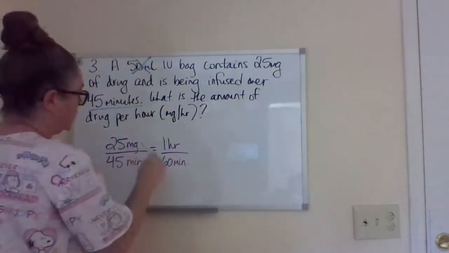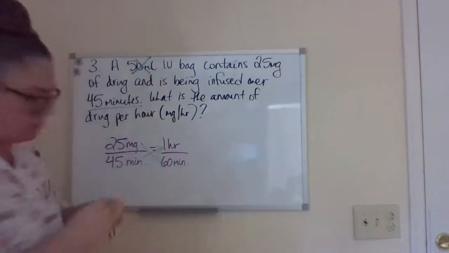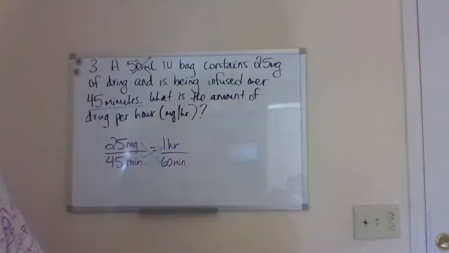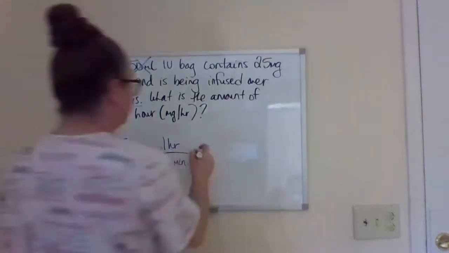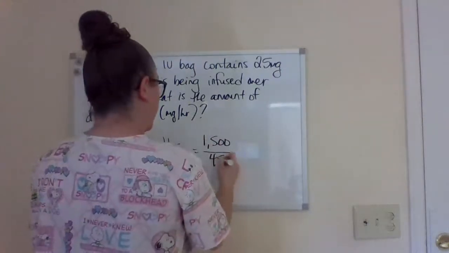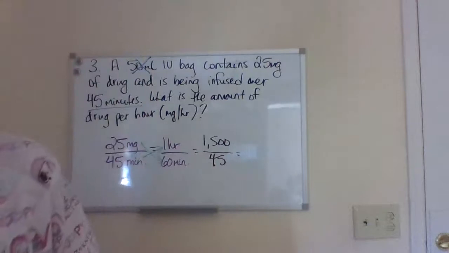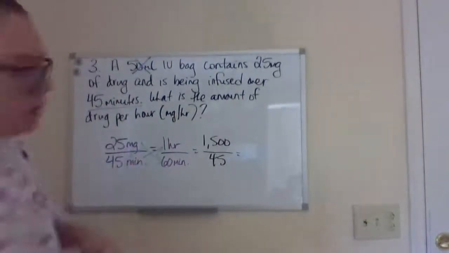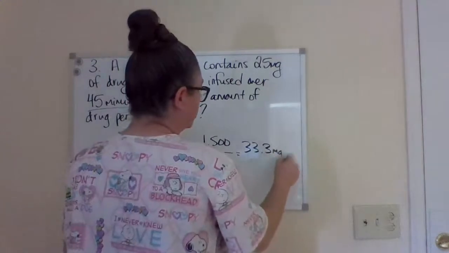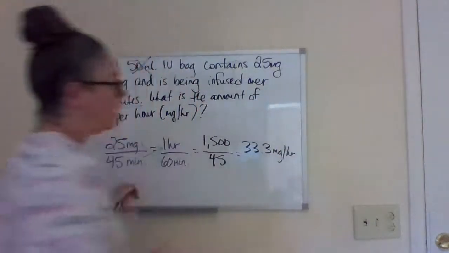Again, we're going to cross multiply. 25 times 60 is 1,500 divided by 45. And our patient is getting 33.3 milligrams of drug per hour.